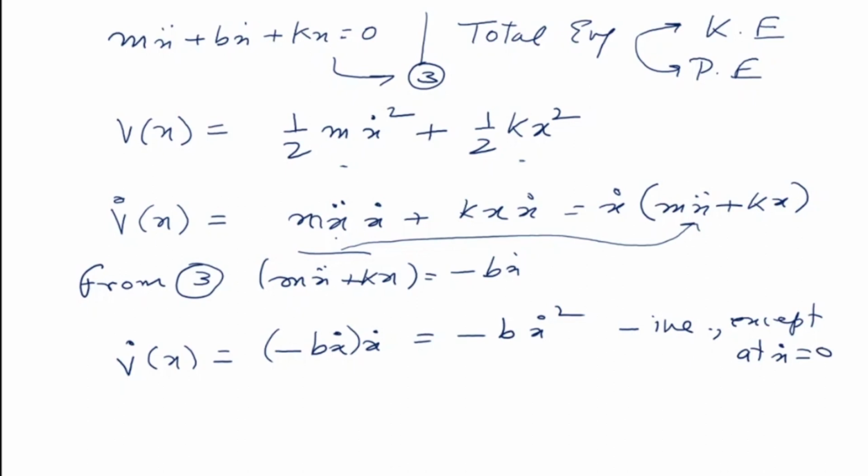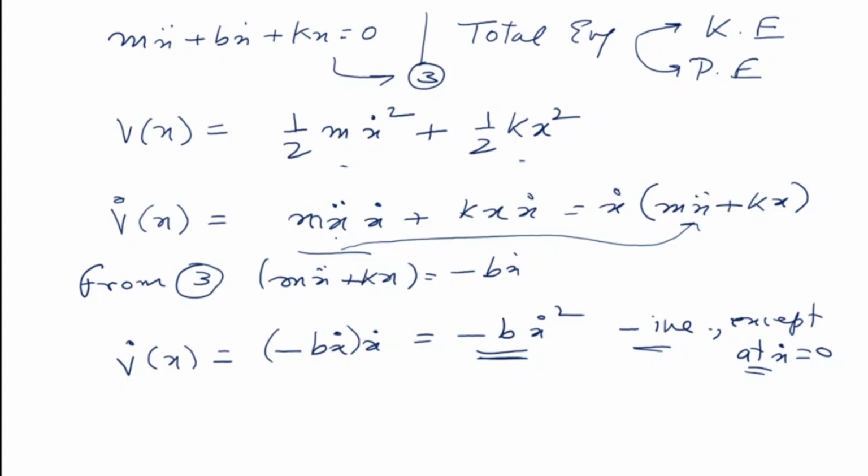So what this basically means is that if you're looking at the energy of the system, and if the energy is being dissipated, like here this is a friction which is dissipating your energy, then this V dot of x is going to become negative, except at x dot is equal to 0 or x is equal to 0.